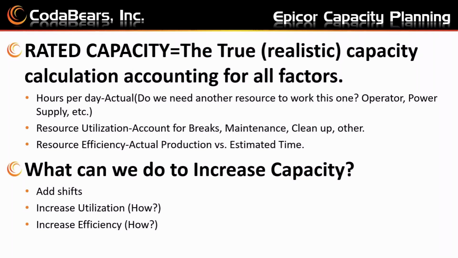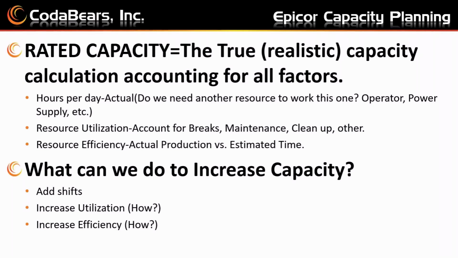And of course, what can we do to increase capacity? Well, the easiest thing, if you're not already running 3 shifts, is to add shifts. And when I say easy, I know it's not easy, but you have the equipment, you have the space on your floor, you have everything except for the staffing if you're not running that equipment on that shift. You can also attempt to increase your utilization or your efficiency.